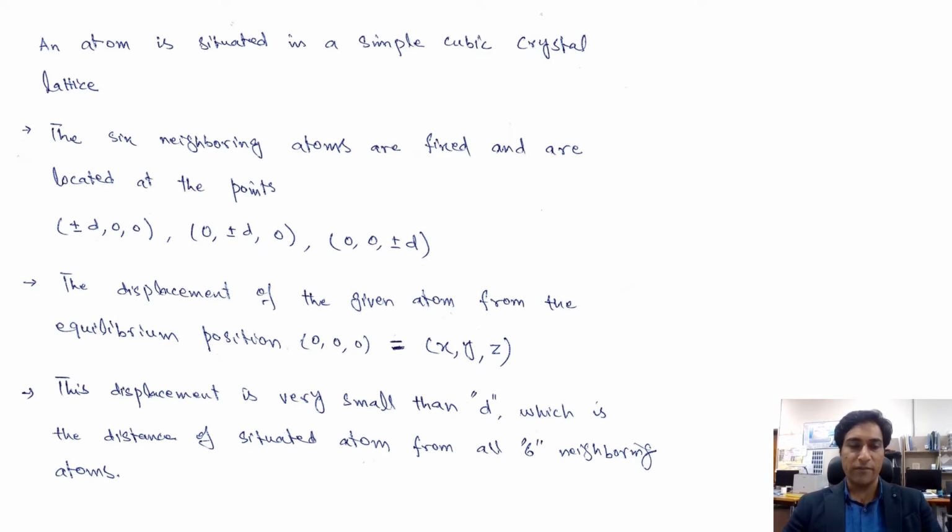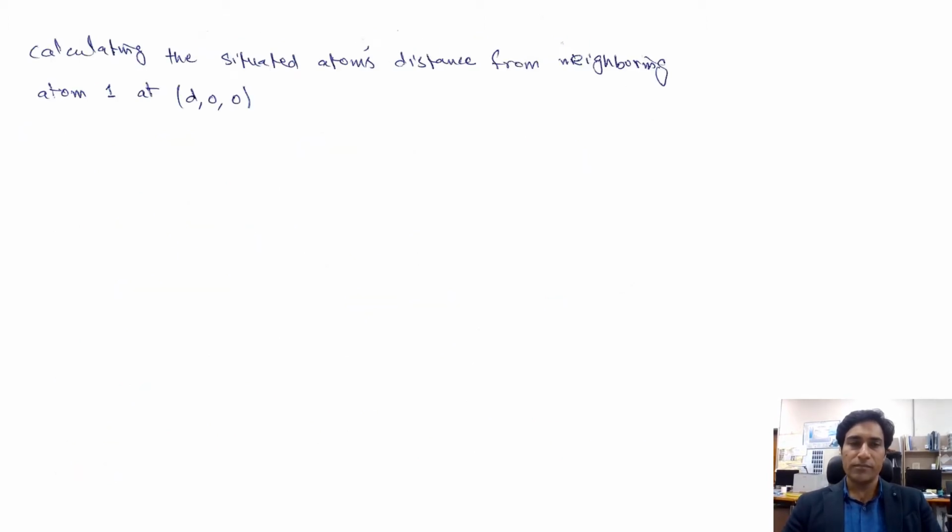It is also given that the displacement is very small compared to d, which is the distance of the situated atom from all six nearest neighbor atoms. So we will start from r1, calculating the situated atom's distance from neighboring atom 1, which is situated at (d, 0, 0). This r1 is also given in the problem.